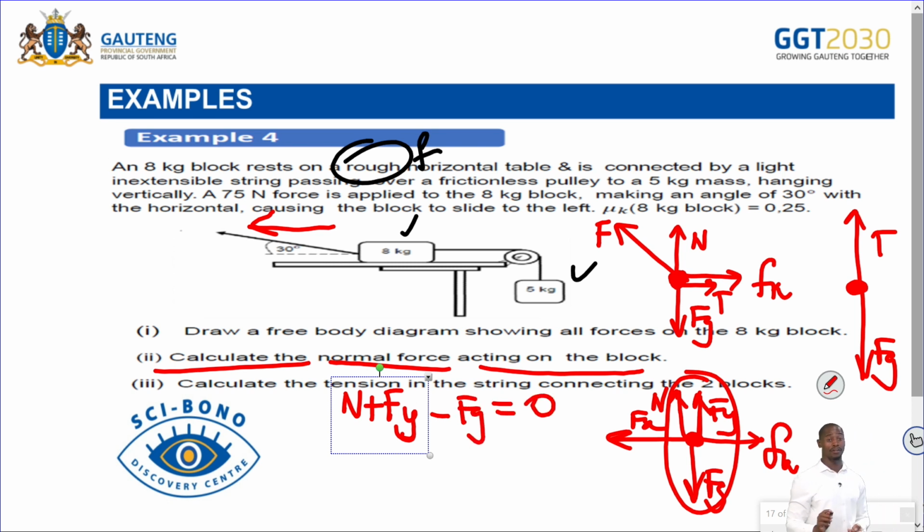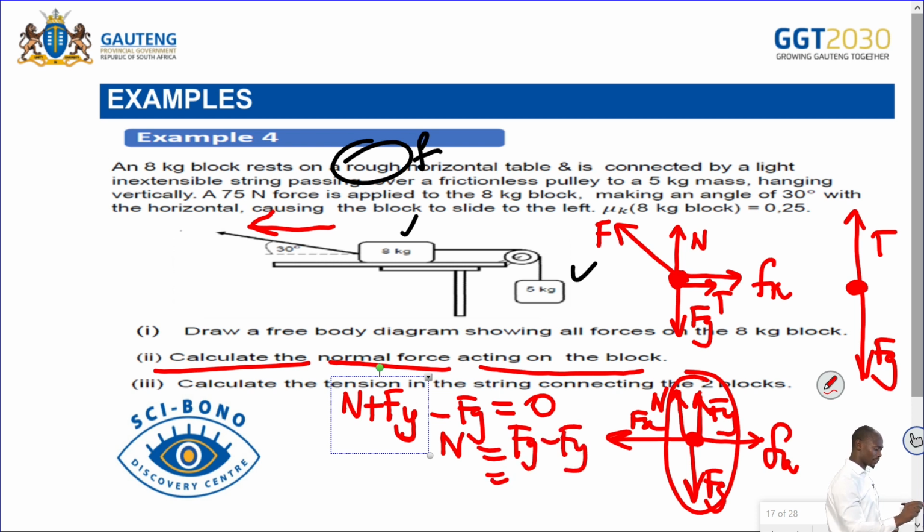We are aware of this because this is the horizontal plane. The 8 kilogram block is on the horizontal plane. So the forces that are perpendicular to the horizontal plane, their net force will be 0 newtons. So your normal force will be Fg minus Fy, which is mg, and Fy is F sine theta.